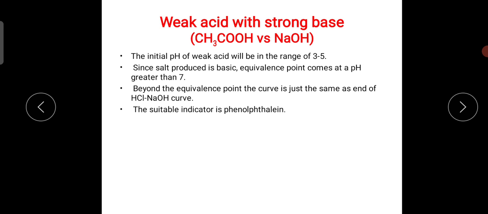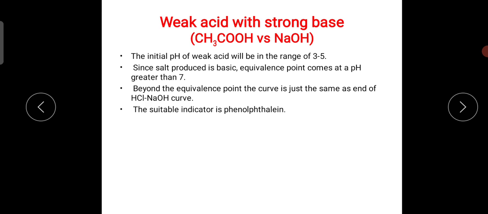Next, weak acid with strong base. Here the weak acid is acetic acid and the strong base is NaOH. The pH will start from 3 to 5 because it is a weak acid. The salt produced in the final result is a basic salt, and the equivalence point will be greater than 7.